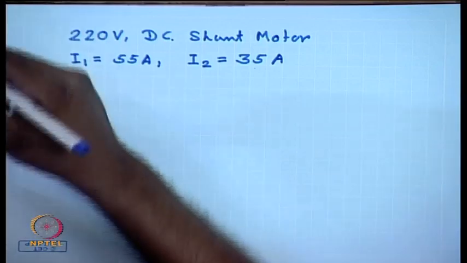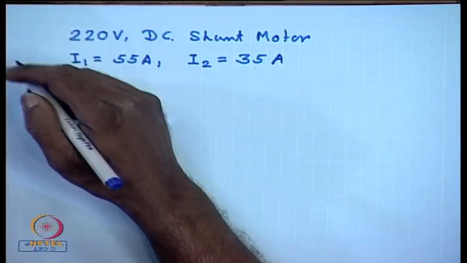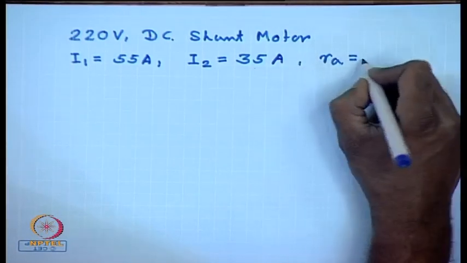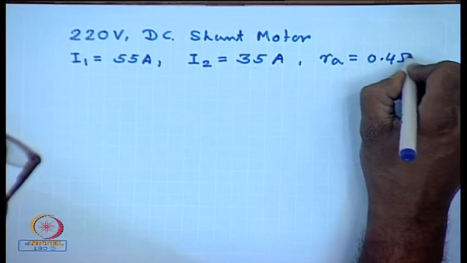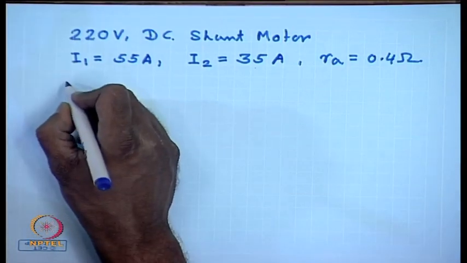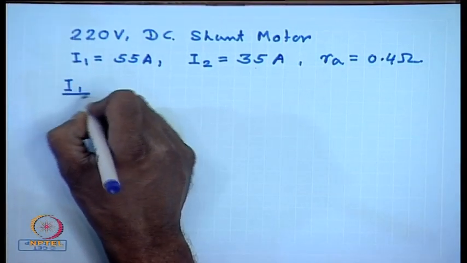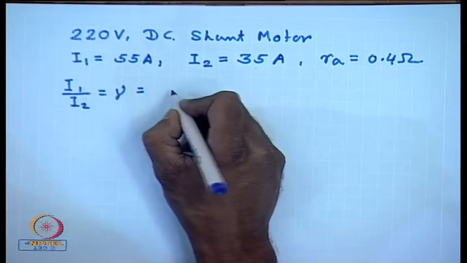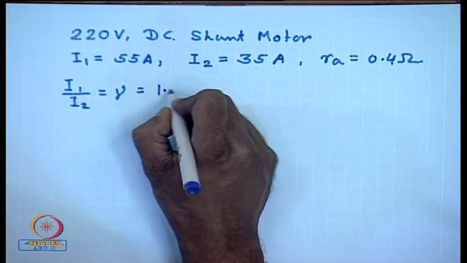So, find out the number of sections and the resistance in each section. Let us say Ra equal to 0.4 ohms. Then I1 by I2 equal to gamma equal to 1.57.